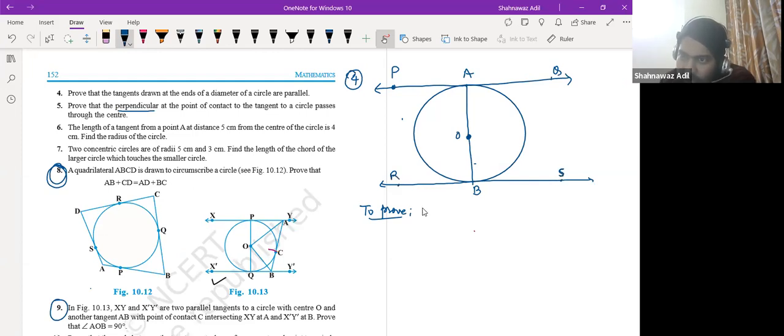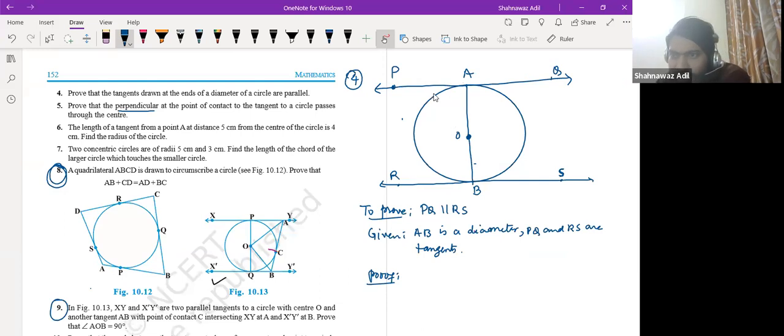So we have to prove PQ parallel to RS. What is given? AB is a diameter, right? And PQ and RS are tangents, right? So how can we prove this thing?